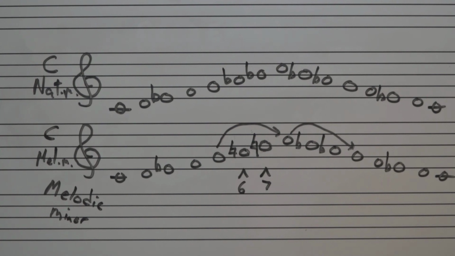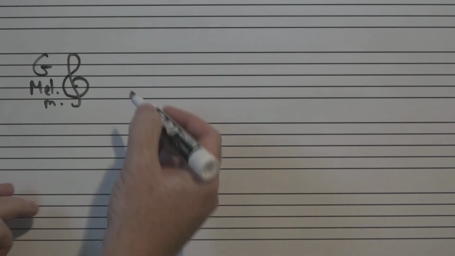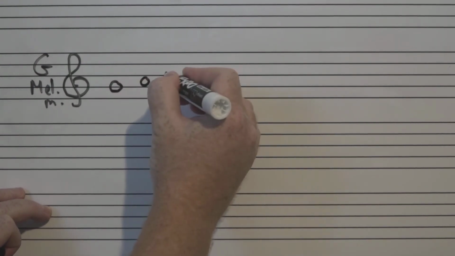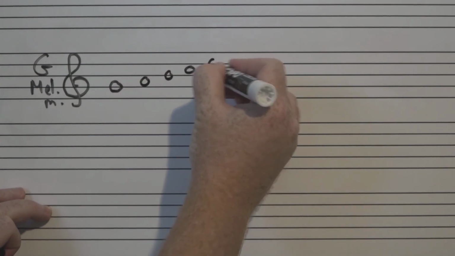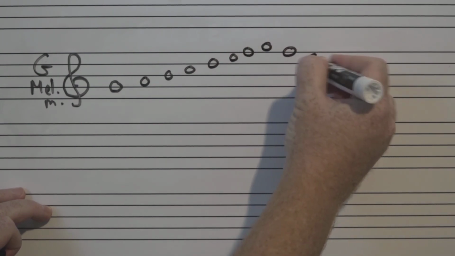And let's do it one more time on a different note. So let's say we wanted to write out the G melodic minor scale, and let's do it all from scratch. So first we take a G and go all the way up to G and then back down.